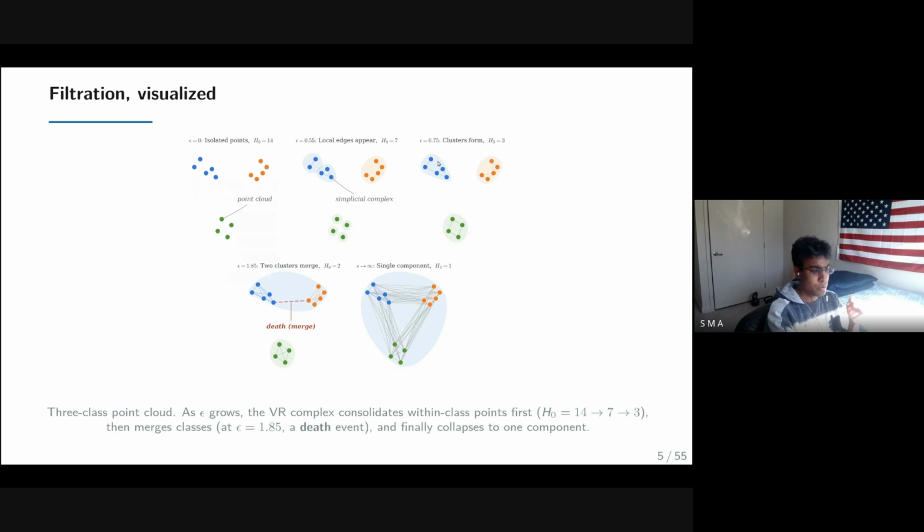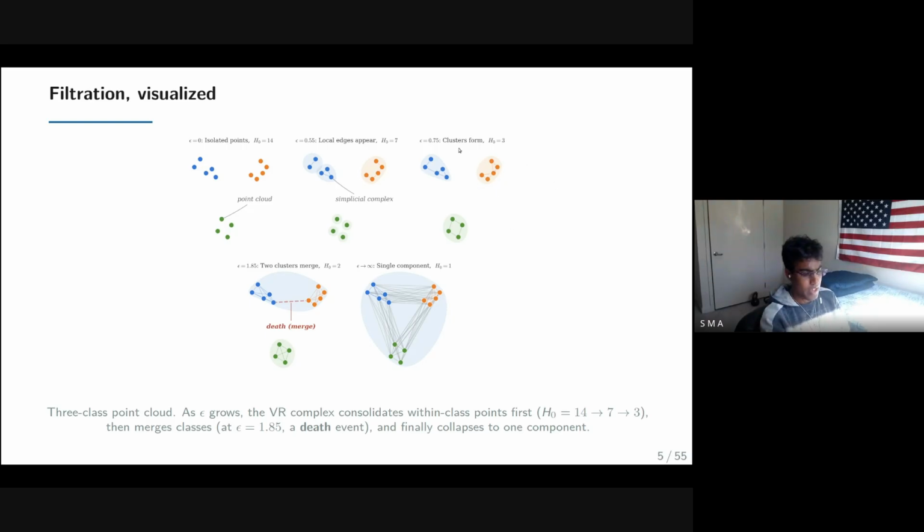And as you keep on increasing the radius, you tend to see more clusters form, and some clusters die, and you can see that they're kind of representing the classes, the data points. For example, the blue data points are associated with this cluster here, and the same thing is with the green data points here and the orange data points over there.